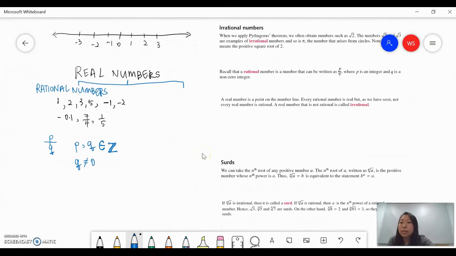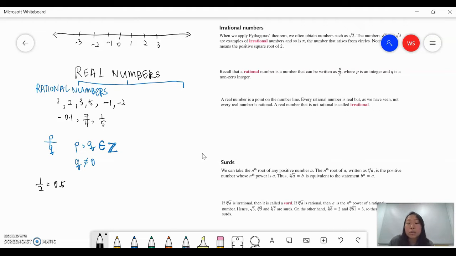Right, so with rational numbers, let's say, for example, you have half, right? Half is a rational number because that can be expressed as a fraction. It can also be expressed as a decimal, so 0.5. Okay, so decimals are also part of rational numbers, right?